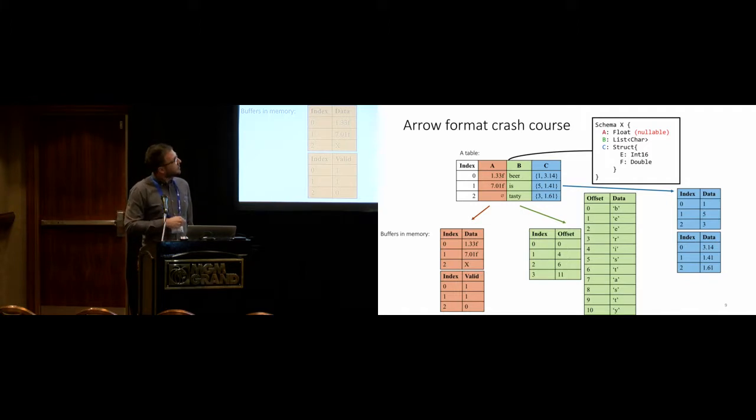So then there's also the list. They do this quite nicely. There's going to be a big buffer that holds all the data that's in all of the lists, and then it just has a second buffer that points you to a specific offset for a specific index in the table. So for example, here where the word tasty starts, I just have to look at this index.